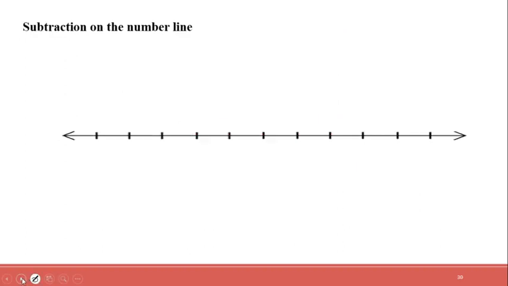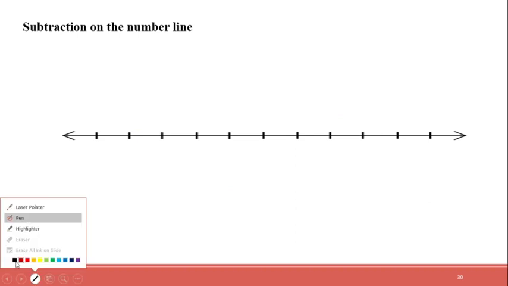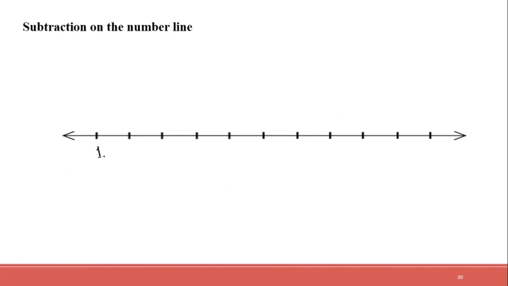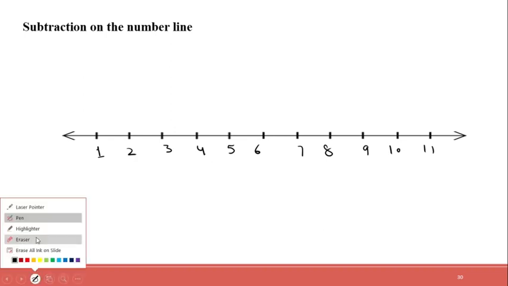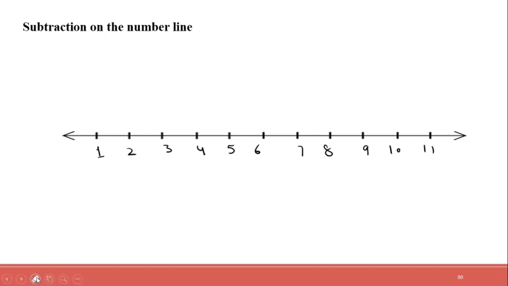Now come to subtraction. Here, if I write 1, 2, 3, 4, 5, 6, 7, 8, 9, 10, 11, right? Now tell me, if I subtract 2 units from 8.